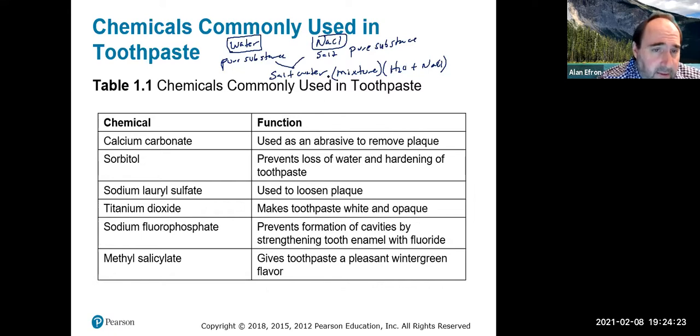One thing we'll talk about is that even though you mix them together, they still retain their identity. So with salt water, even though you may not be able to see the salt, you can do some type of physical process to get the salt back and separate out the water from it. We'll talk more about mixtures in a later chapter.